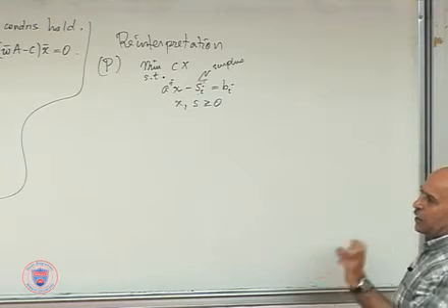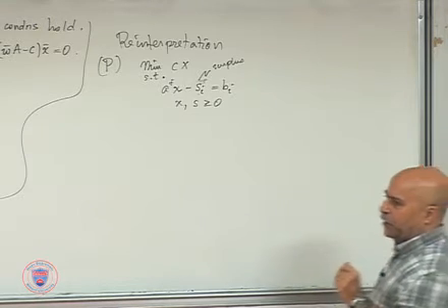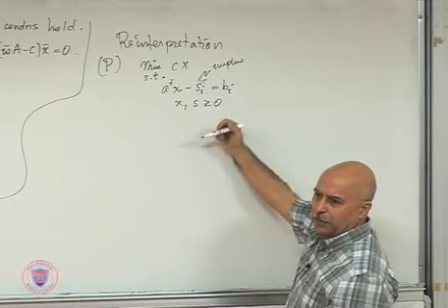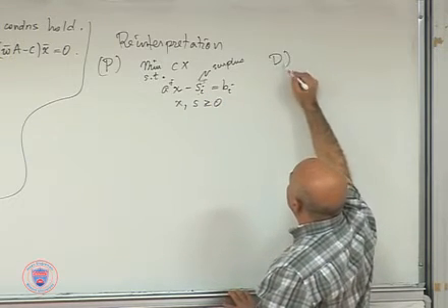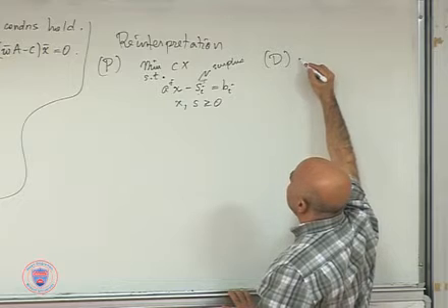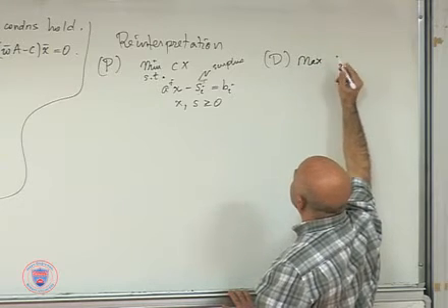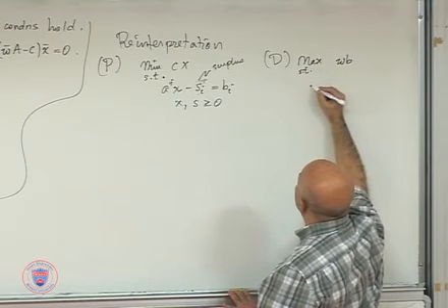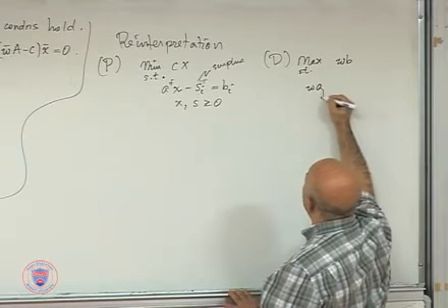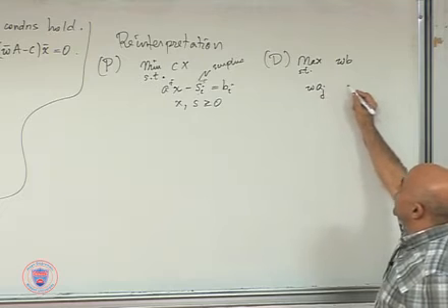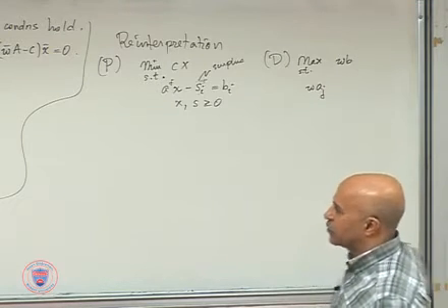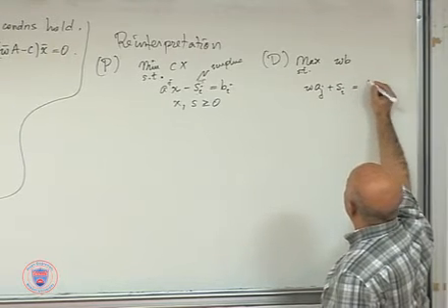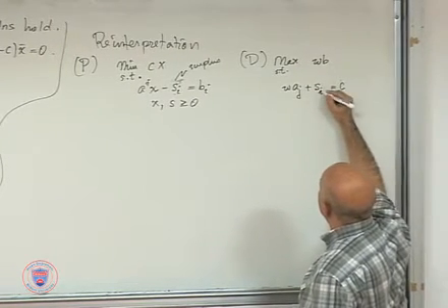So I'm still using the canonical form primal dual pair, except that I made them standard form using my surplus variables. What is the dual? The dual is maximization of wb subject to w aj less than or equal to cj. So let's add a slack variable here, that's sj.